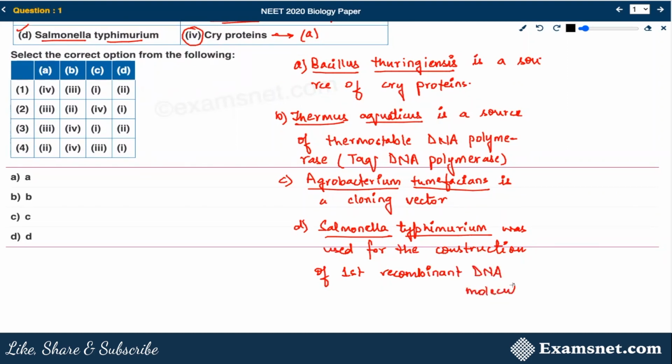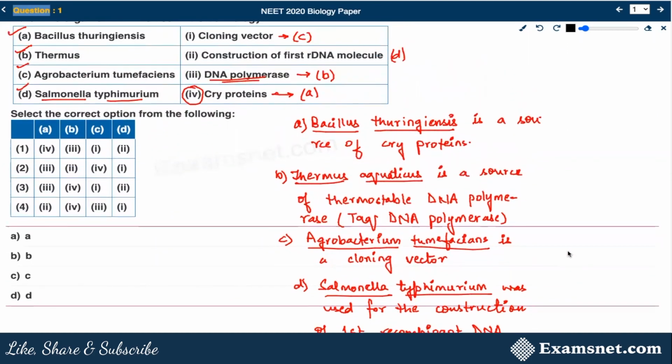Clear? So these are the options that need to be matched.